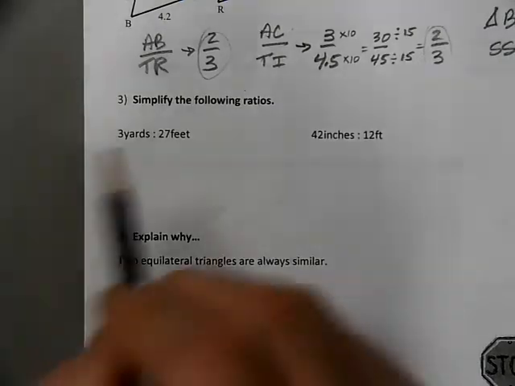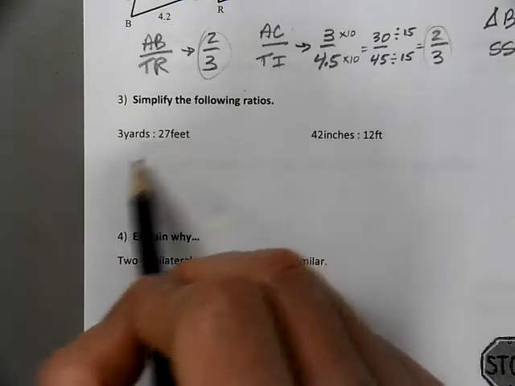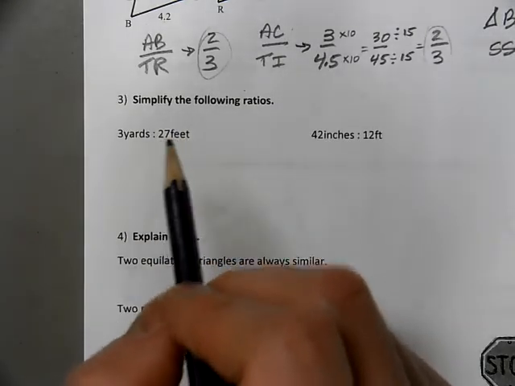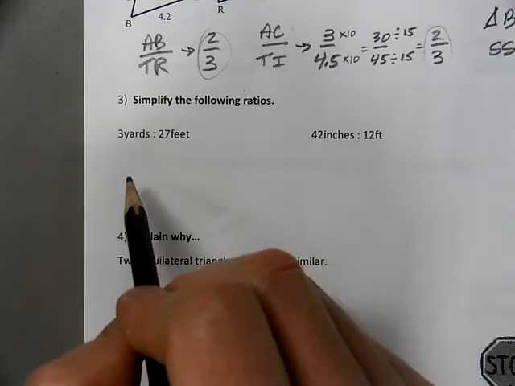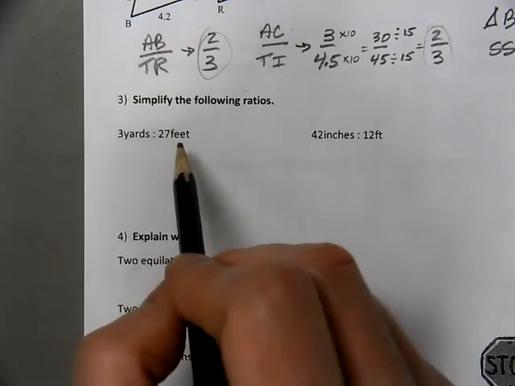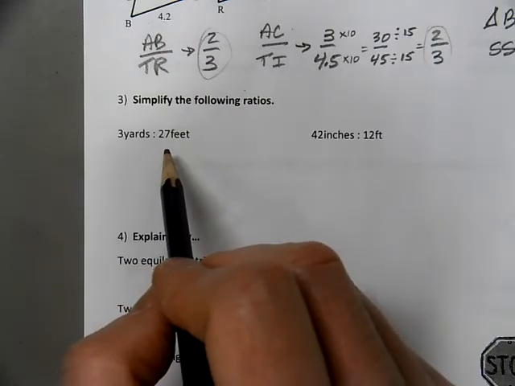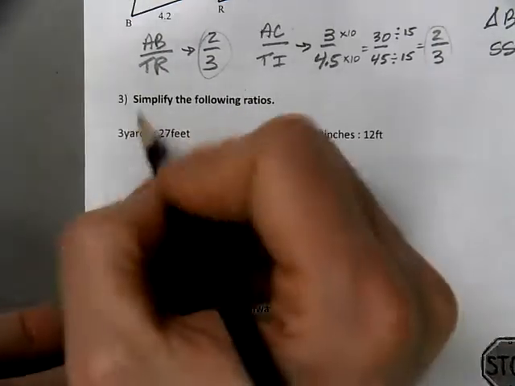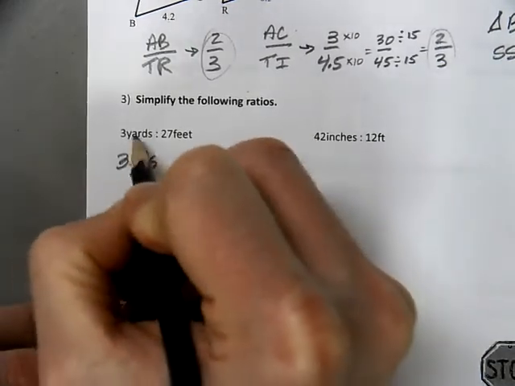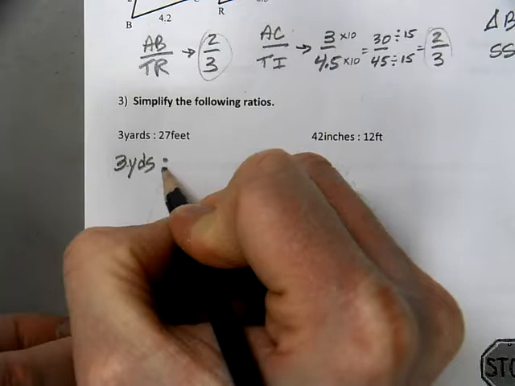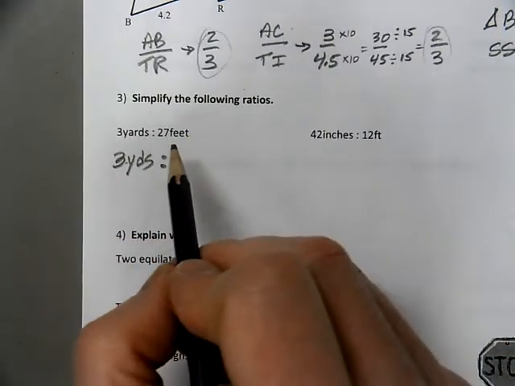Here we're going to reduce, but notice how the units are different. The units need to be the same, so you could either change the yards into feet, or you could change the feet into yards. There are 3 feet in every yard. So here we have 3 yards, 27 feet.